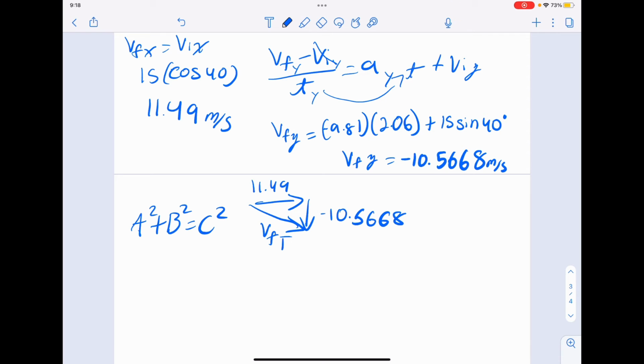Once we have a squared plus b squared, we take the square root, second square root, 243. You're going to end up with the final total being 15.61 meters per second.